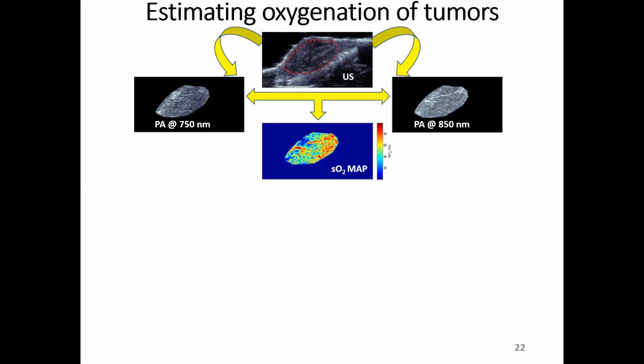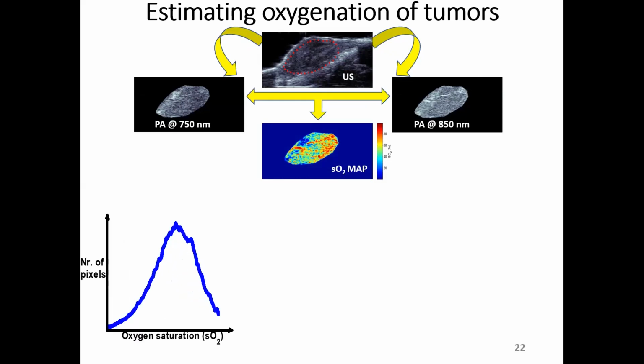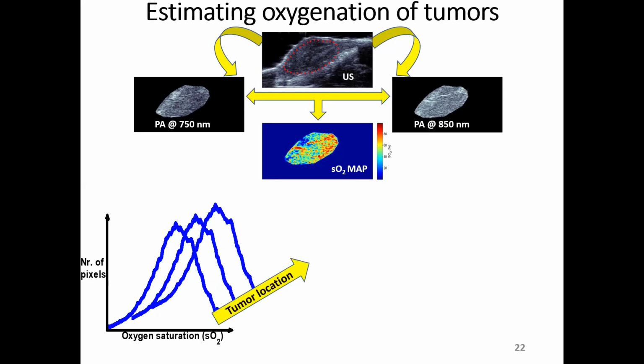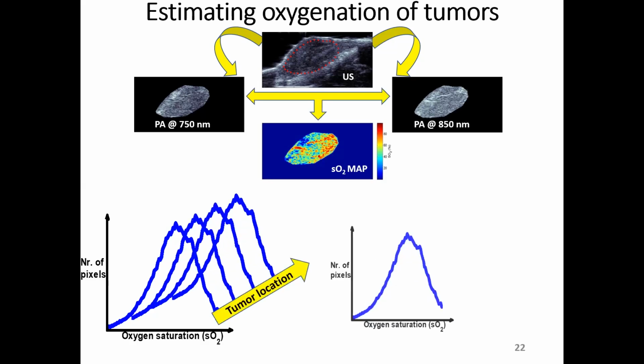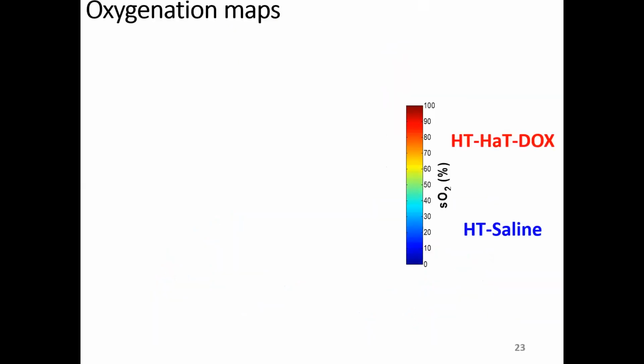And using a fairly simple linear spectral unmixing approach, we generate these oxygen saturation maps, SO2 maps. Instead of just relying on the average value of these SO2 maps, we were interested in looking at the distribution of these oxygen saturation values, both as a function of tumor location in three-dimensional space, as well as a function of time post-treatment.